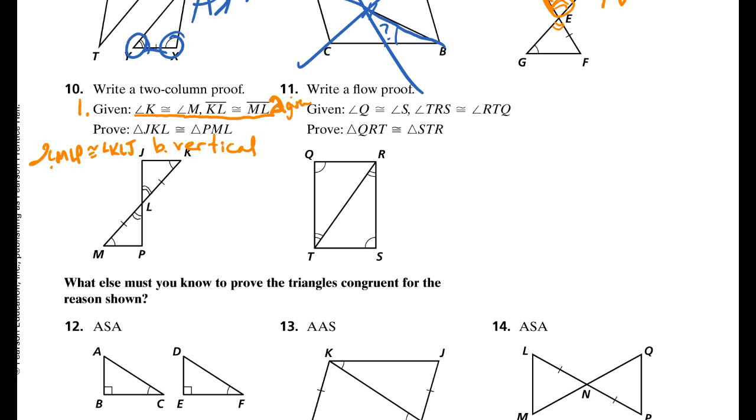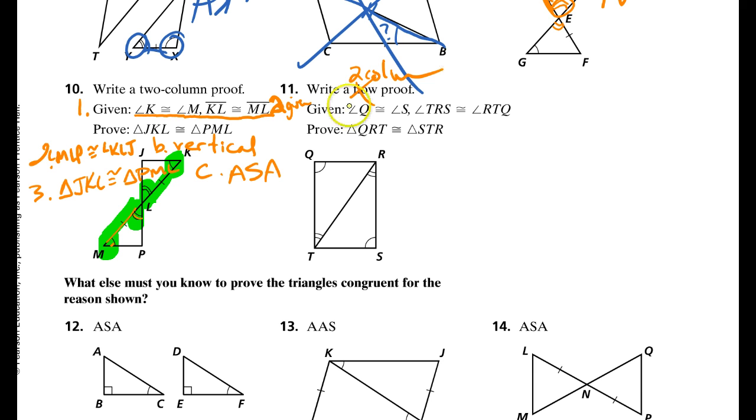So now I look at this and I see an angle, a side, and an angle that match up with the angle, side, and angle from another triangle. So sure enough, third statement, I've got JKL congruent to triangle PML because they are ASA, angle, side, angle, congruent.